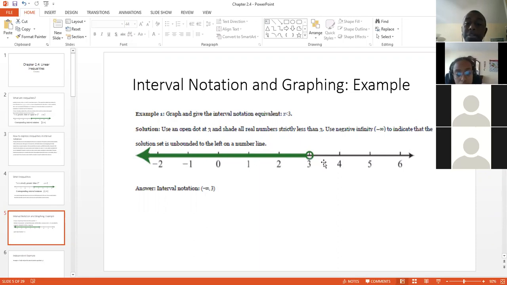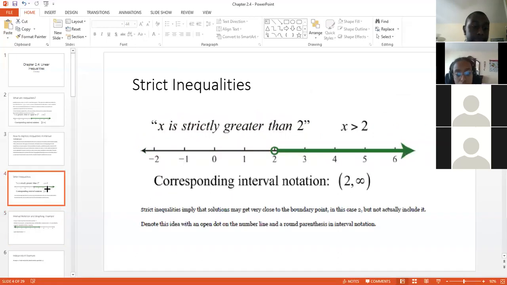And 3 is the upper bound for this inequality. 3 actually goes on the right because it's the upper bound. Here, 2 was the lowest number, and infinity was the upper bound.